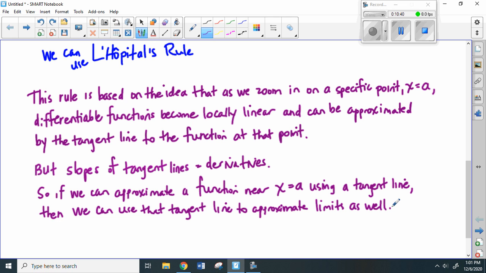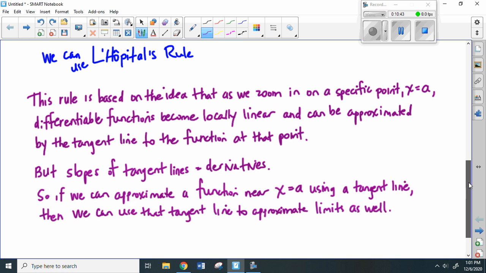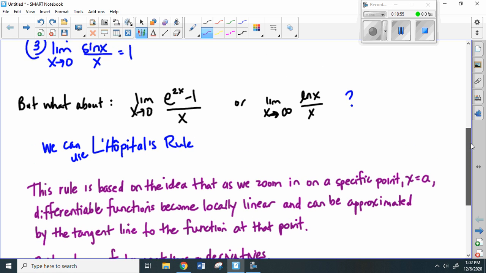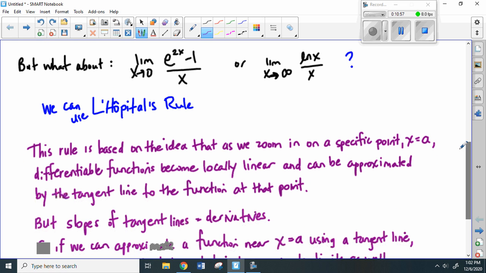We're going to be able to take the limit of functions like the one with the E in it and the one with the L in it, and other things that don't necessarily factor, or even things that do factor, by approximating the limit using the tangent line. And tangent lines are related to derivatives. It's all getting ready to come together.